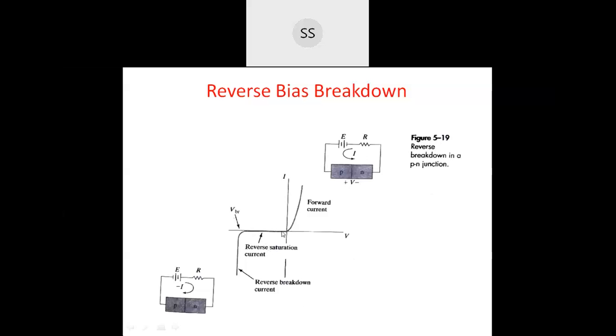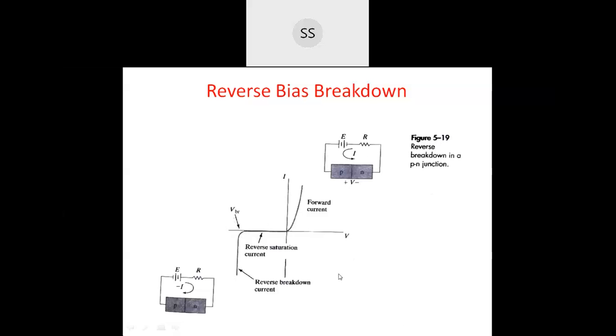That is evident from the graph also. Until you reach the voltage level VBR, the magnitude is very less, almost zero. But suddenly, at some critical value, the magnitude of this reverse current increases very rapidly, very sharply. As shown by this graph, it is almost like a 90-degree line when you consider this V line as the x-axis.